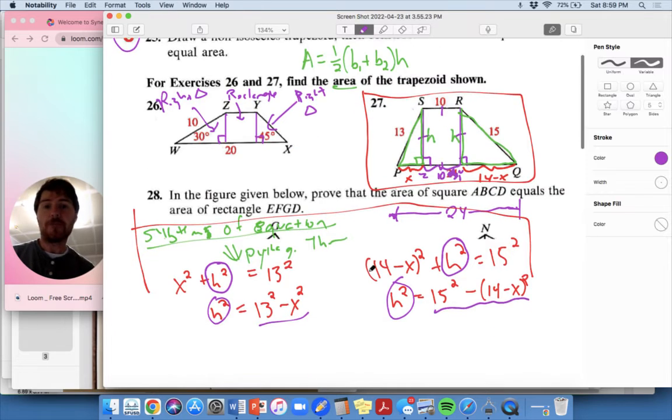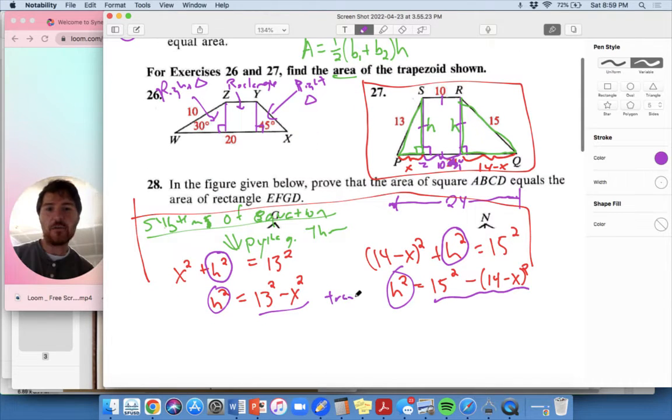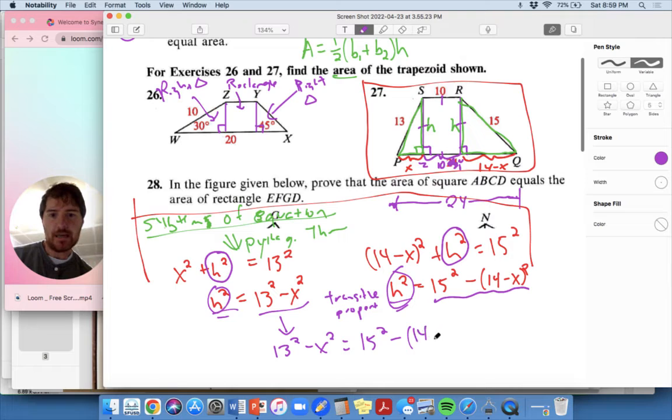So I can use the transitive property. When this thing and this thing each equal the same thing, then they equal each other. 13 squared minus X squared has to equal 15 squared minus (14 minus X) squared.